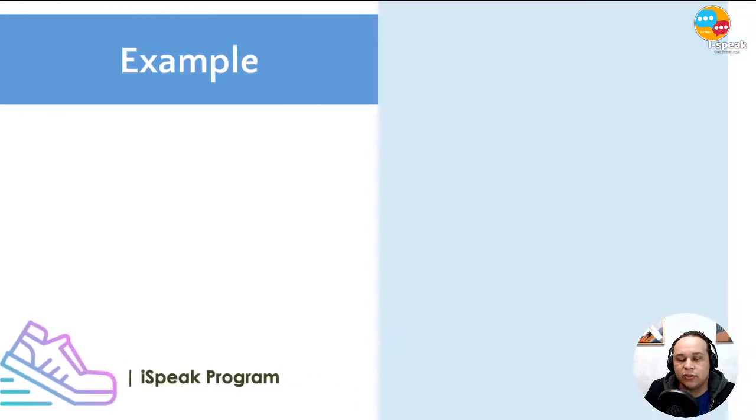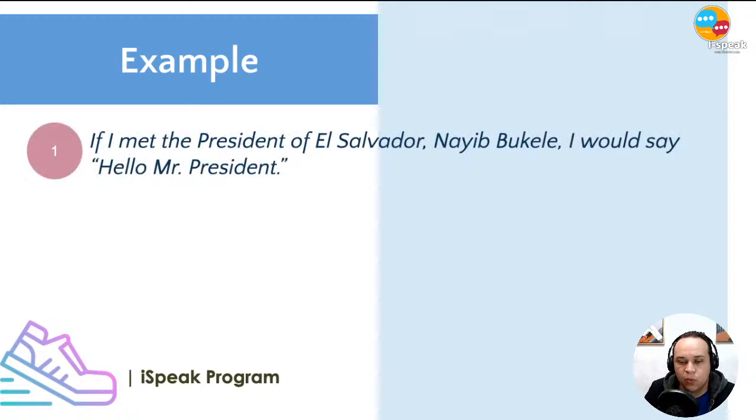Then we got a couple of examples. Example number 1. If I met the president of El Salvador, Nayib Bukele, I would say, "Hello, Mr. President." All right, so that is a good example. Number 1 thing, right now in Nicaragua, obviously, there are no international flights, meaning that I cannot fly to El Salvador. That's one of the likelihoods.